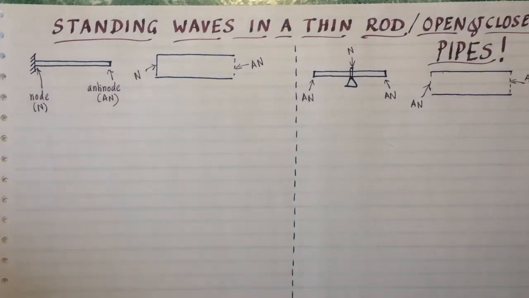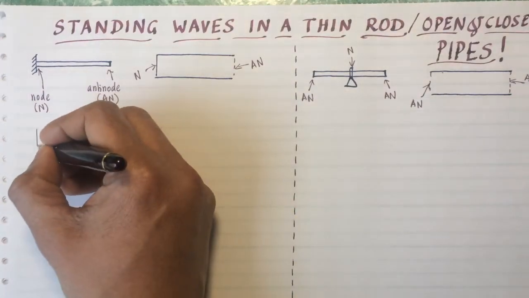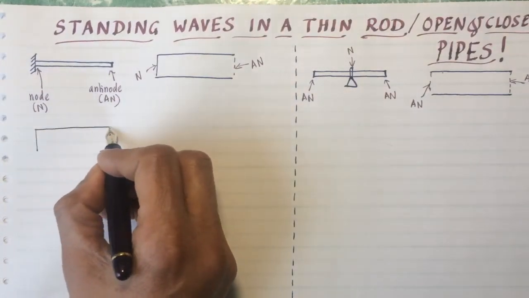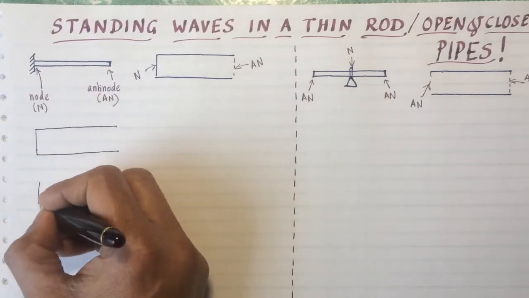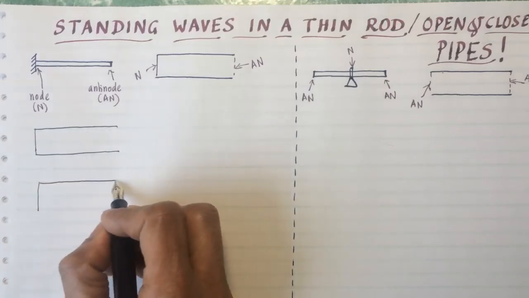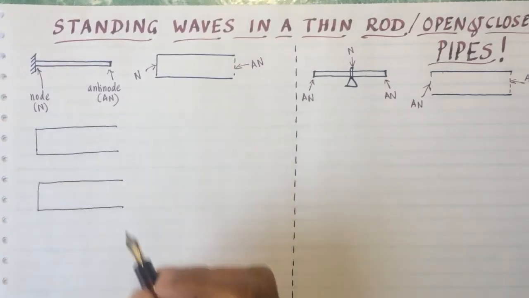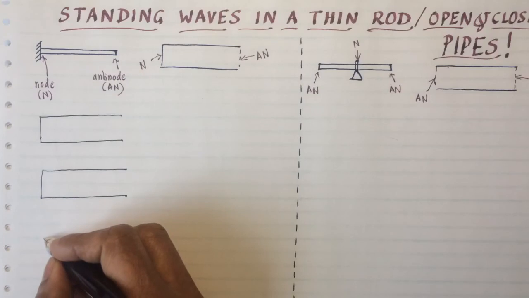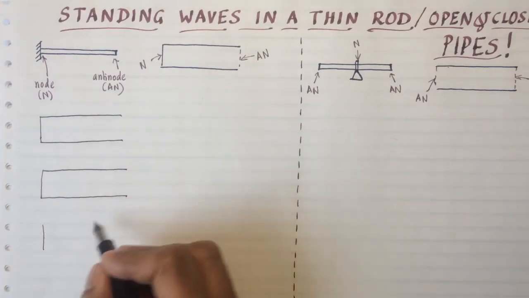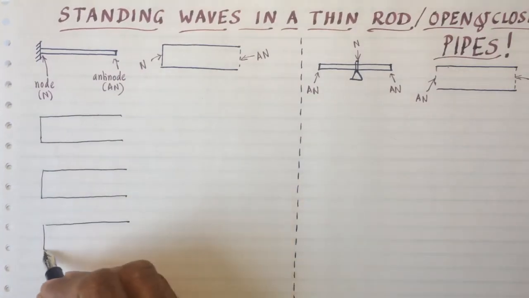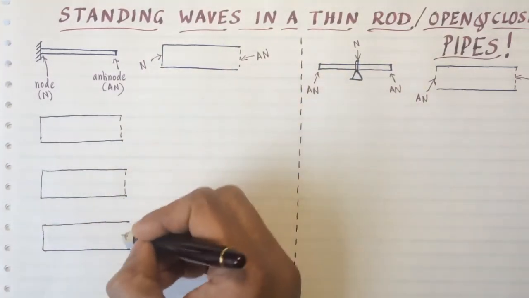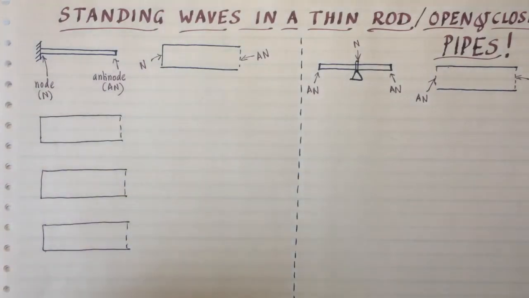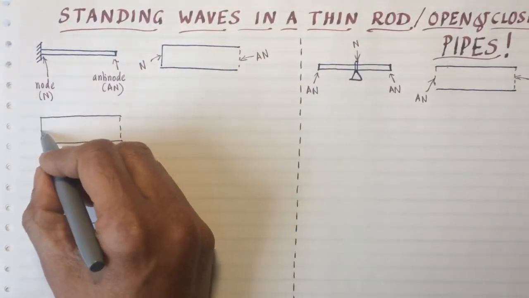I'll start by drawing the mode diagram on the left end. I think I'll do 3 of them and the pattern will become very clear by the time I finish the third one. The simplest possible mode that you can fit in would be that.